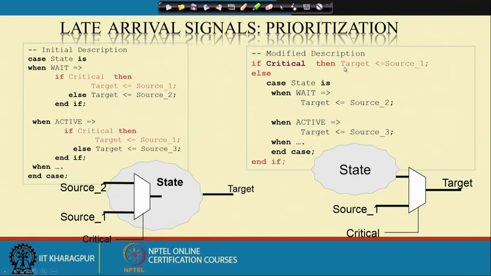So, I can modify the same algorithmic description in this manner: if critical, then target equals source 1, otherwise you wait for the state to be checked, that is, in wet state choose target as source 2, or in active state choose target equals source 3.